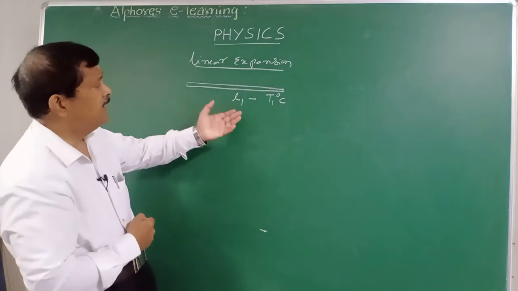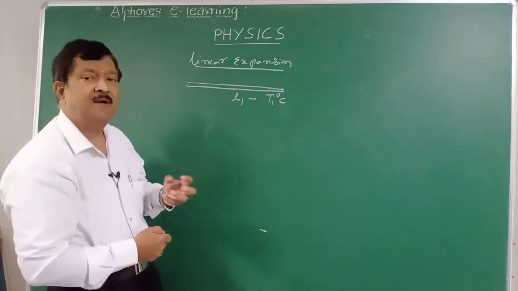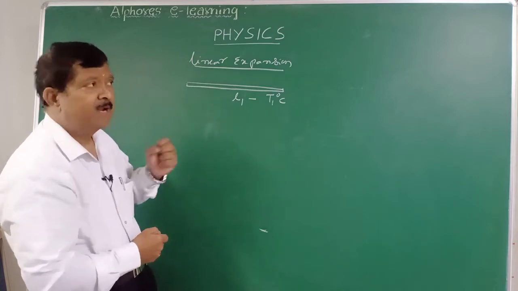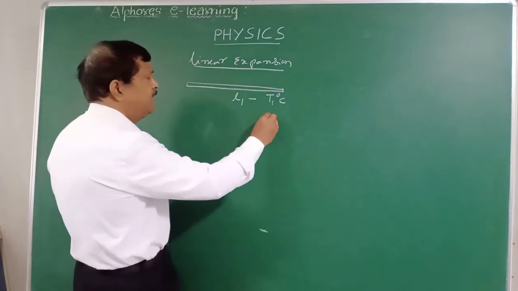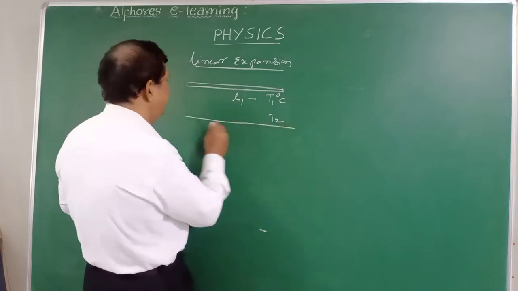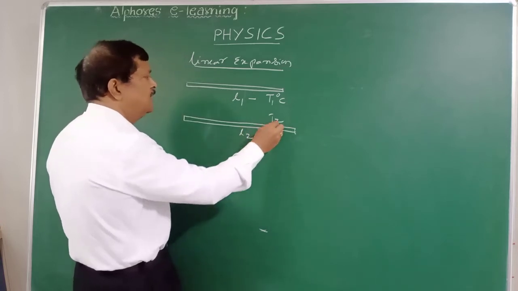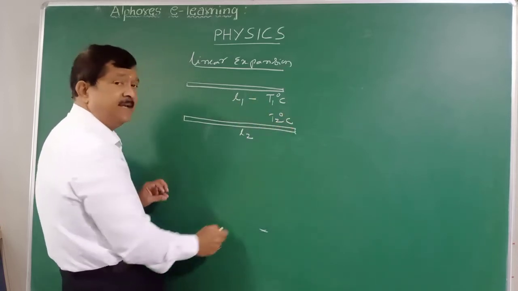The length of the body at a temperature T1 degrees centigrade is L1. Now suppose we are increasing the temperature. Because of increased temperature from T1 to T2, suppose the length of the body is slightly increased, and let us say the final length is L2 at the temperature T2 degrees centigrade.